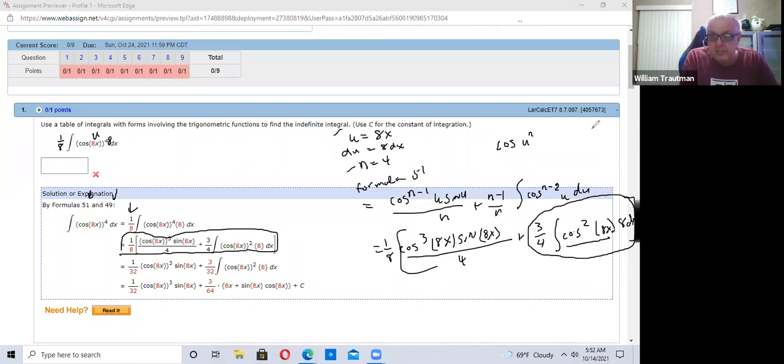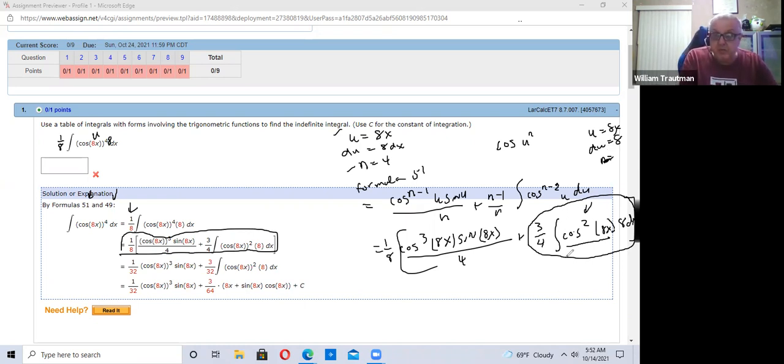And once again, u is 8x and du is just 8 in this case. And n equals, well, there's no n. If you look at 49, there's no n, we just have a square. So it's just part of the square.